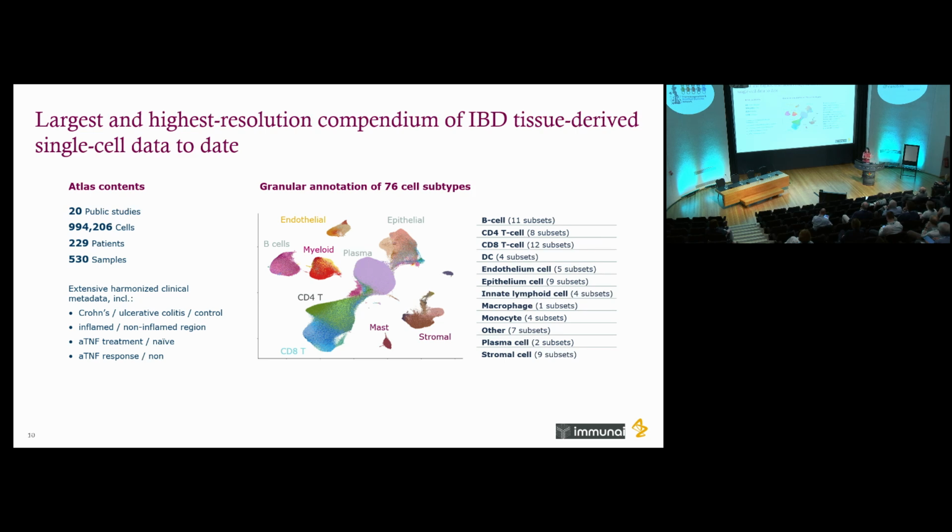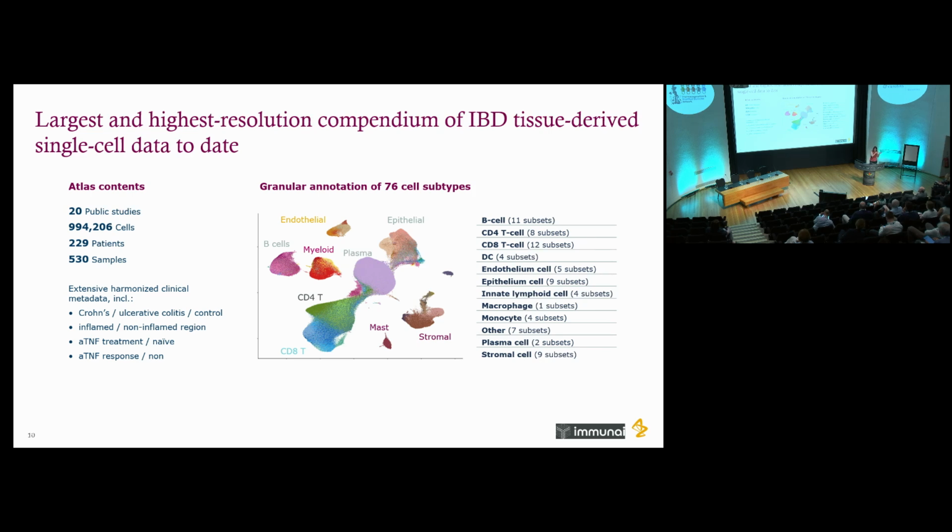So we harmonized 20 different single cell studies, and these covered both inflamed and non-inflamed samples. We also had data from patients that responded to anti-TNF treatment or not. And this whole atlas comprised around 1 million cells.